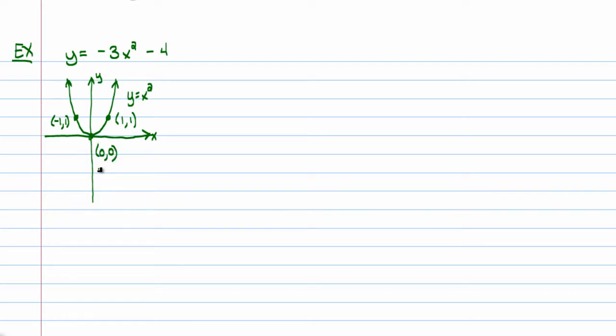Now I read this from left to right. So I'll take care of the negative first. When I apply the negative, all it's going to do is flip this vertically, or in other words, reflect it about the x-axis. So again, I'll just label my x-axis, y-axis, and draw the same graph.